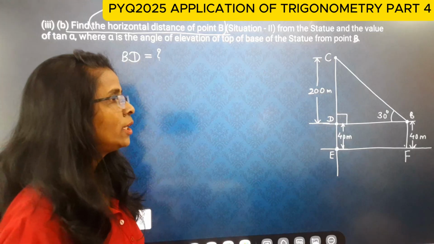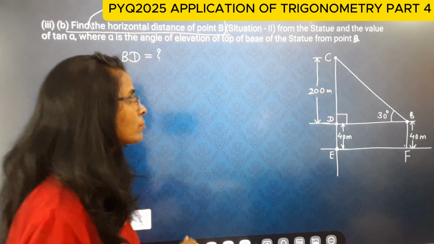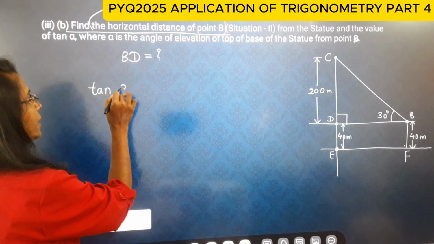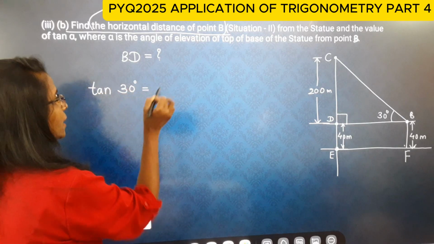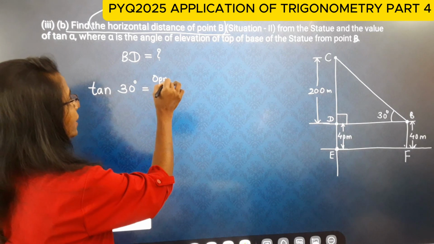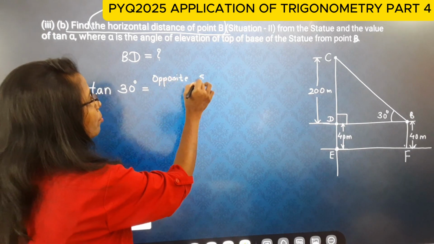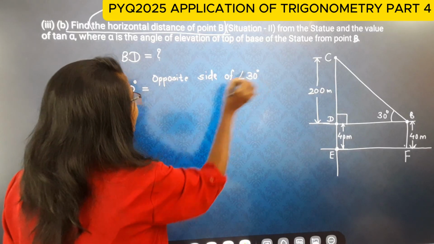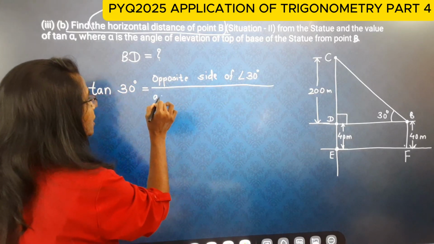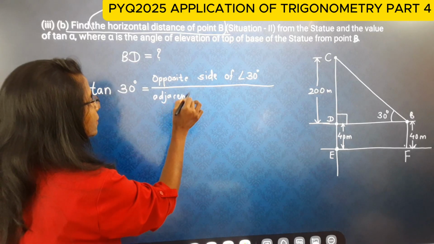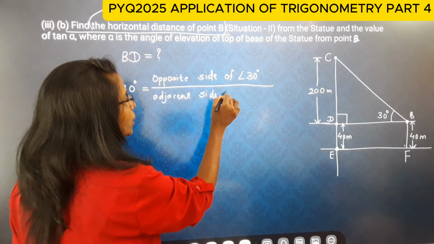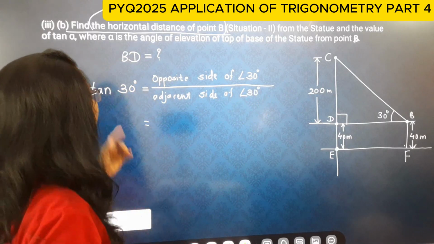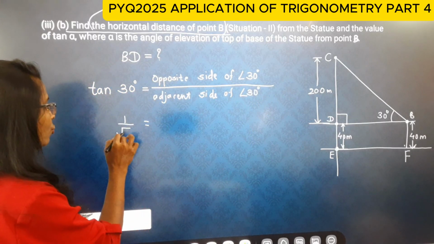Okay, so now here, students, that is the opposite side. Here we take the ratio as tan ratio. So tan 30 is equal to the opposite side of angle 30 degree divided by the adjacent side of angle 30 degree. Now tan 30 is 1 upon root 3, students.